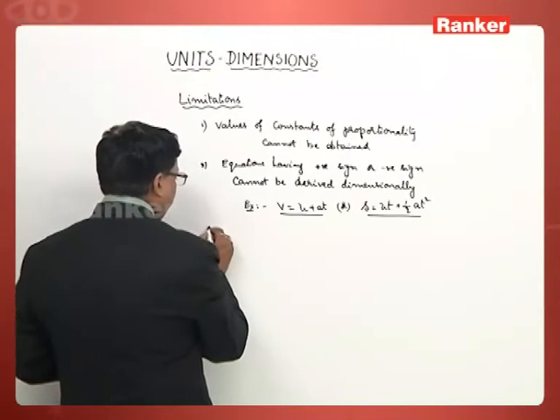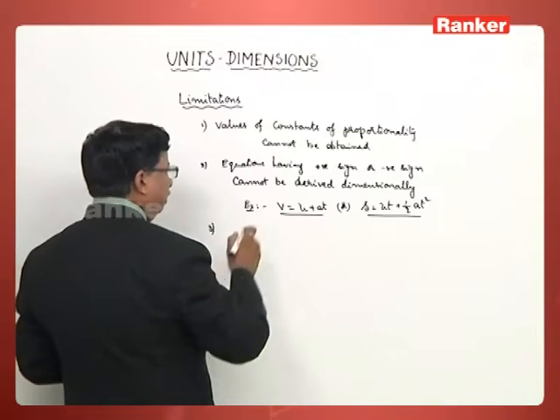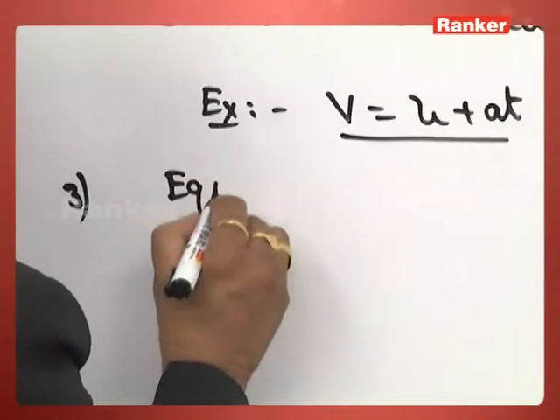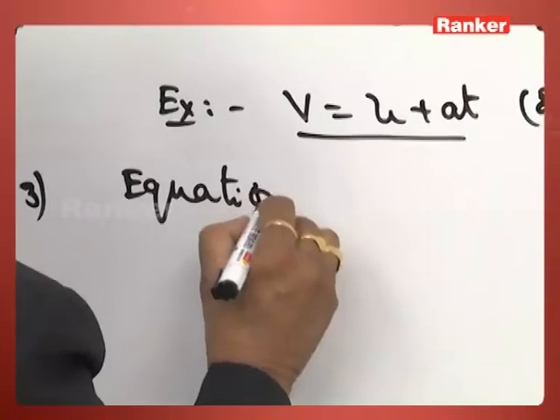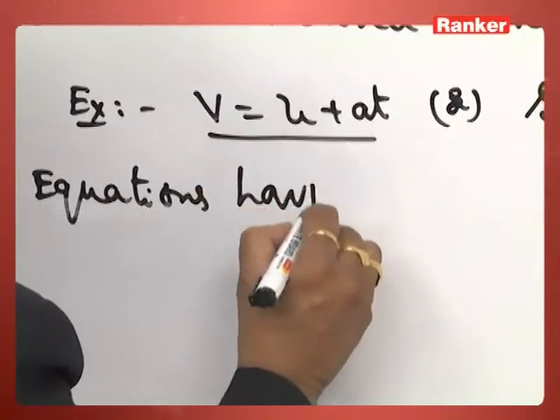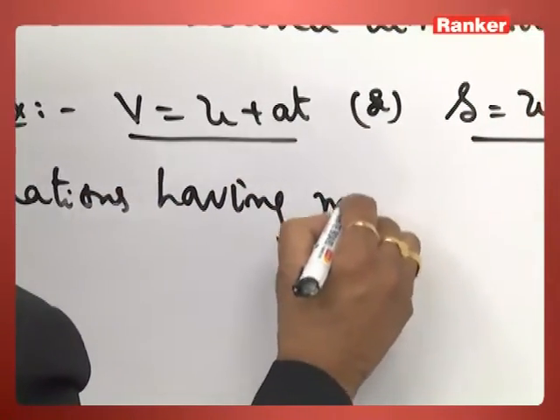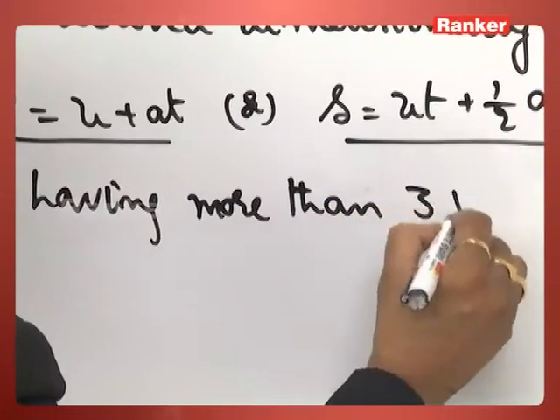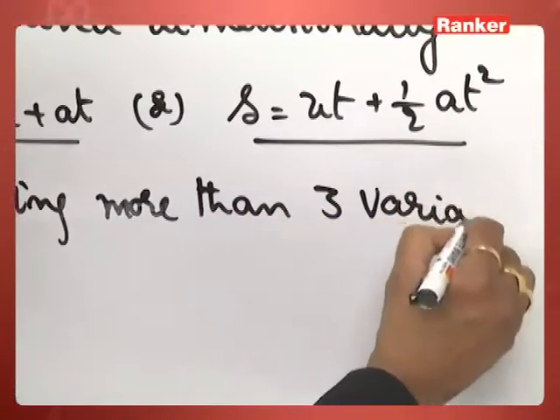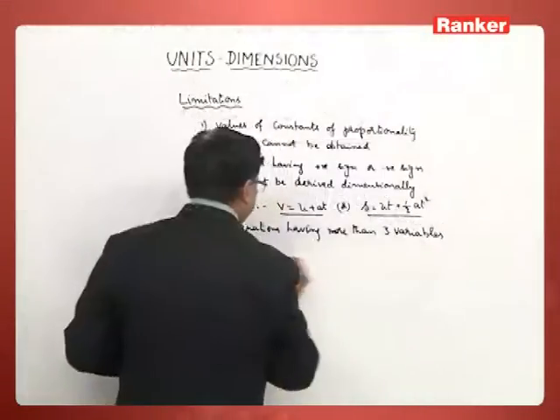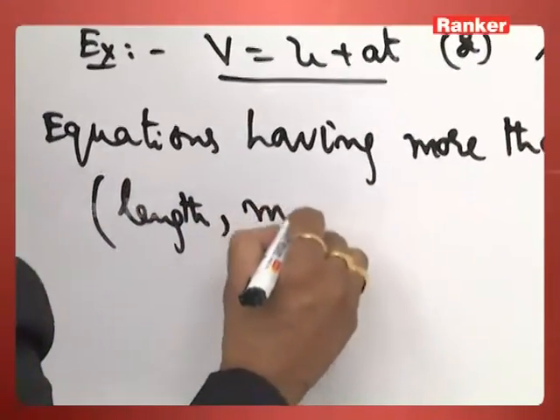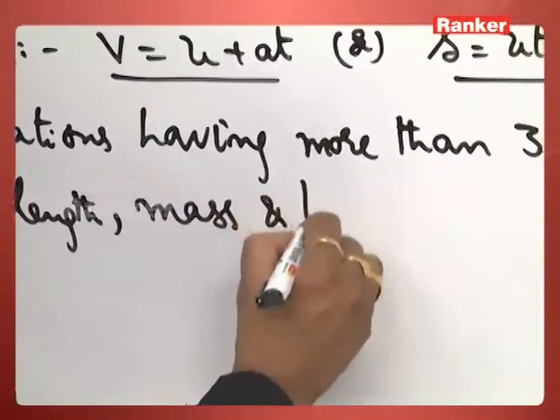What is the next one over here? If you consider equations having more than 3 variables. What are the 3 variables? Length, mass and time.